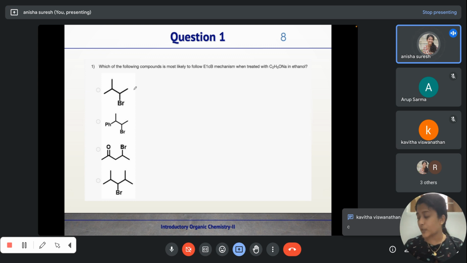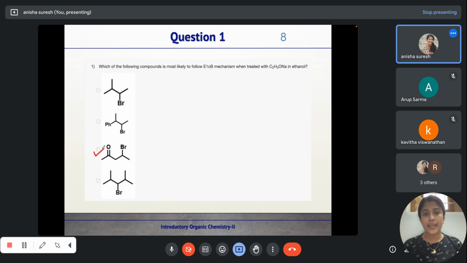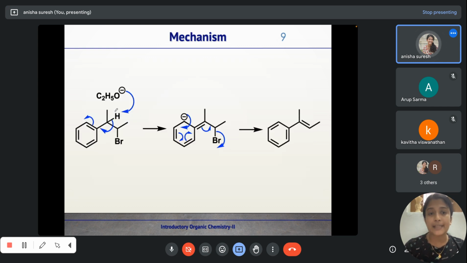Yeah, C can also undergo the E1cB mechanism as we have seen in the example, but B will be the most likely to undergo the E1cB mechanism because the anion that is formed can resonate into the phenyl, the benzene system. Because of that, the anion will be more stabilized. So the E1cB mechanism is more likely to occur in this system. We can see the mechanism.